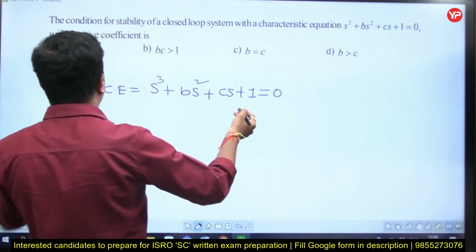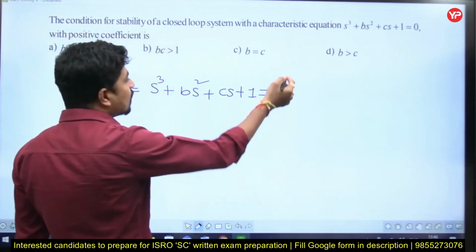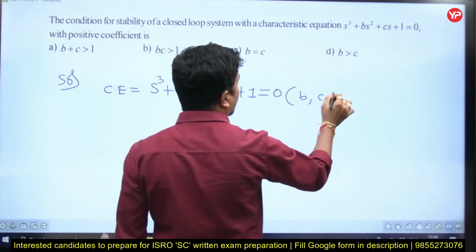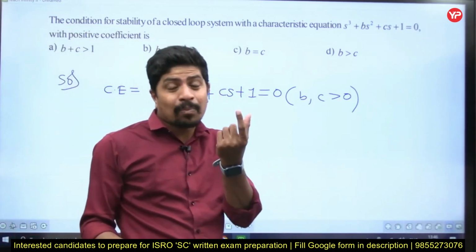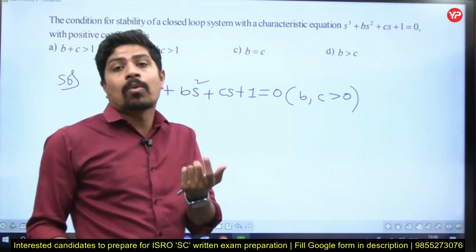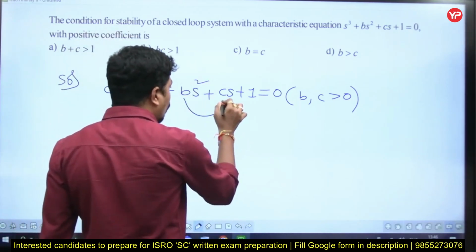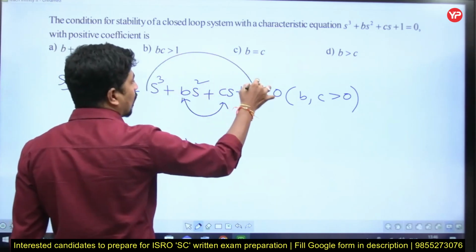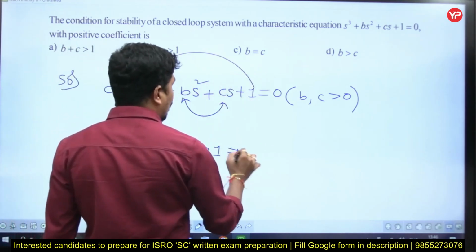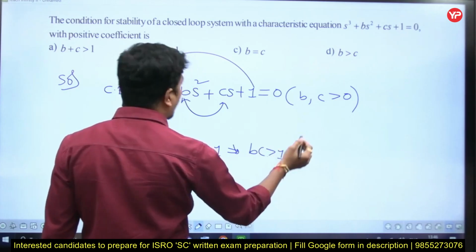He is saying that B, C are greater than 0. Now, I told you one shortcut we can apply: the product of the internal coefficients must be greater than the product of the external coefficients. What are the internal coefficients? B and C. The product BC must be greater than A into D, that is 1. So the answer is BC must be greater than 1.